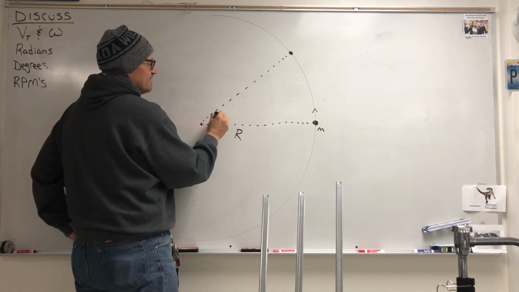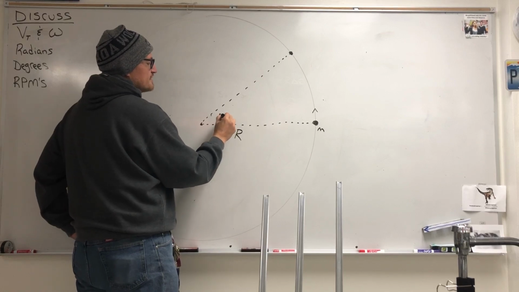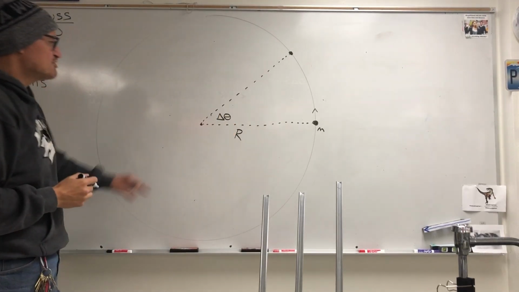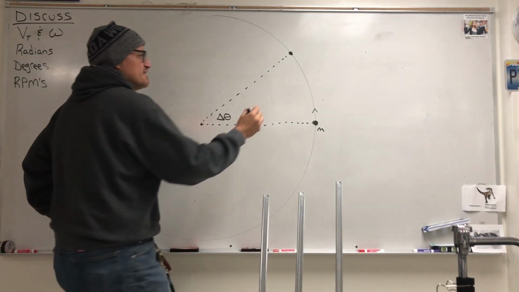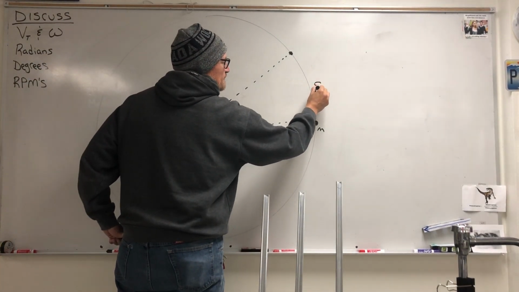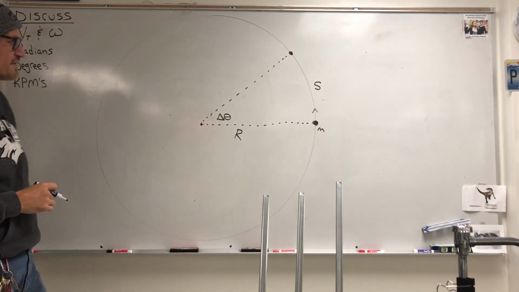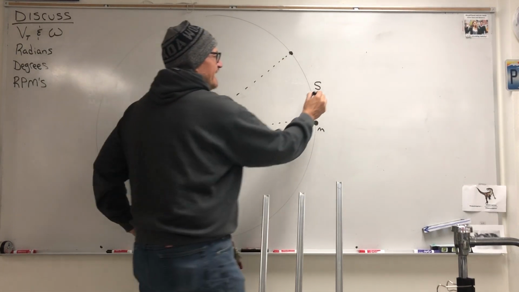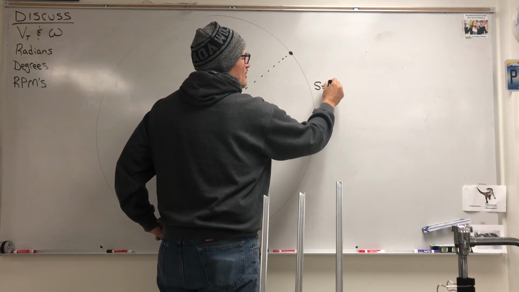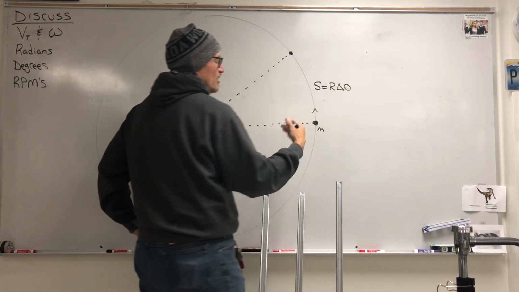And during this time, it traversed some angular measure or displacement, delta theta. And from here to here is what we call the arc length, and it is given by the formula r times delta theta.